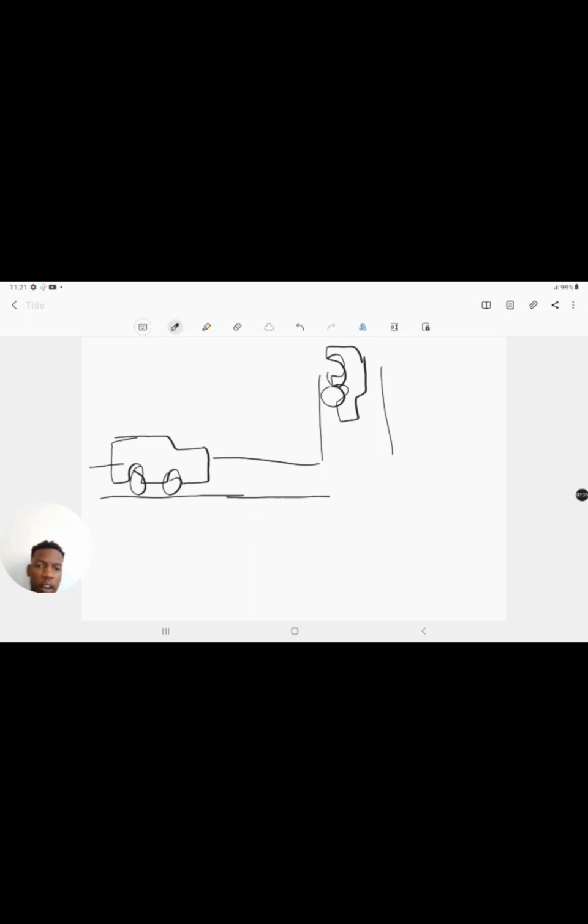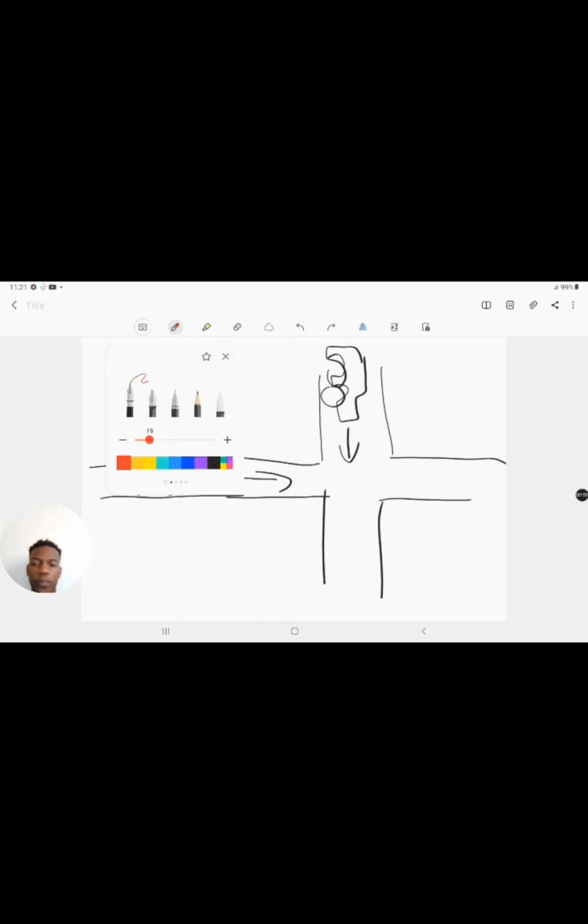You will agree with me that these two cars are traveling in different directions: this car down here is traveling in the x direction, and this car is traveling in the y direction.